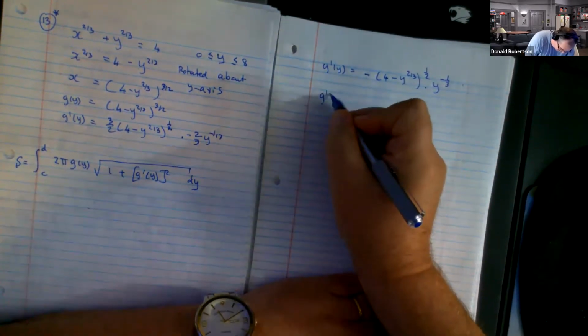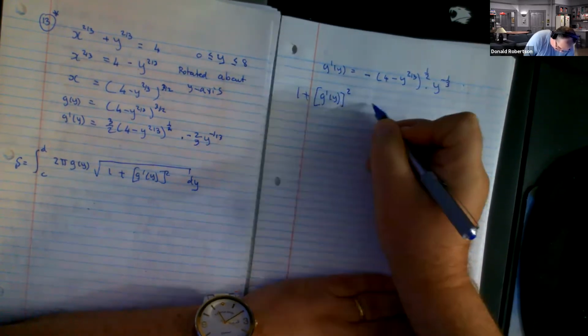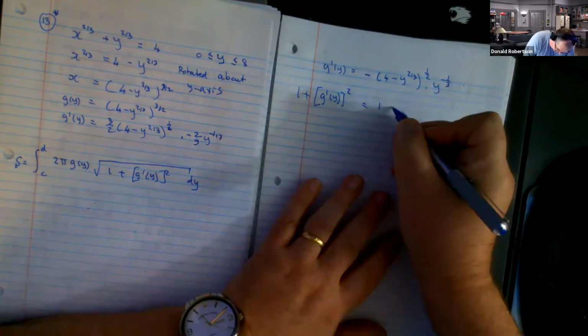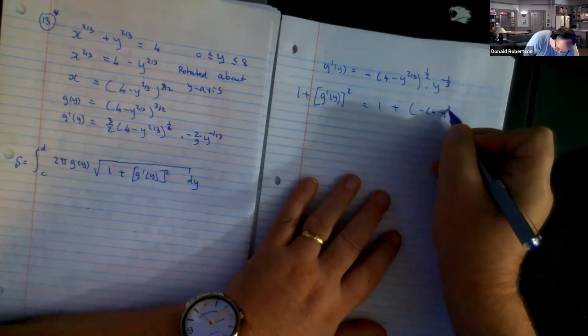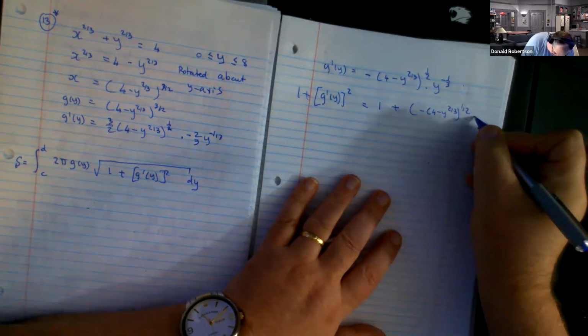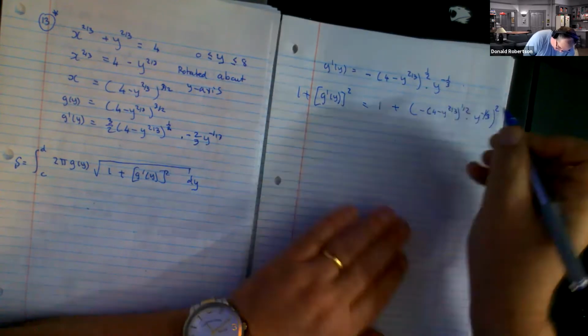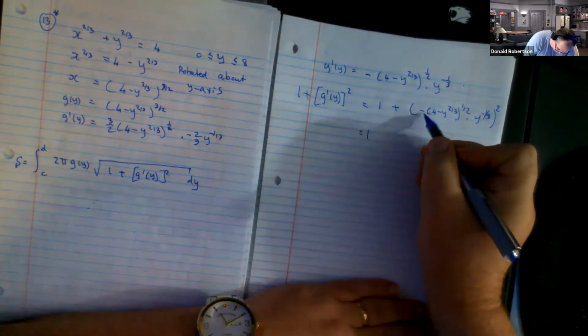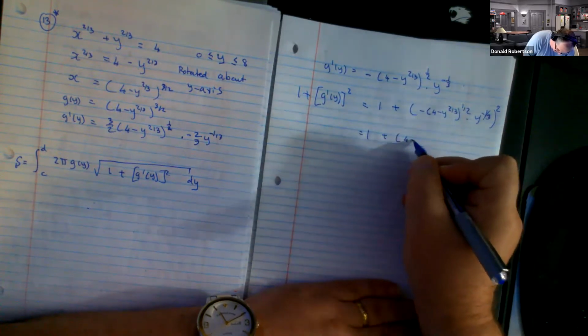So I'm going to take this and square it and add 1. And so it's going to be 1 plus all of this stuff, something like that, squared. Right, you can square that, makes it positive. You square a half power, you get that.